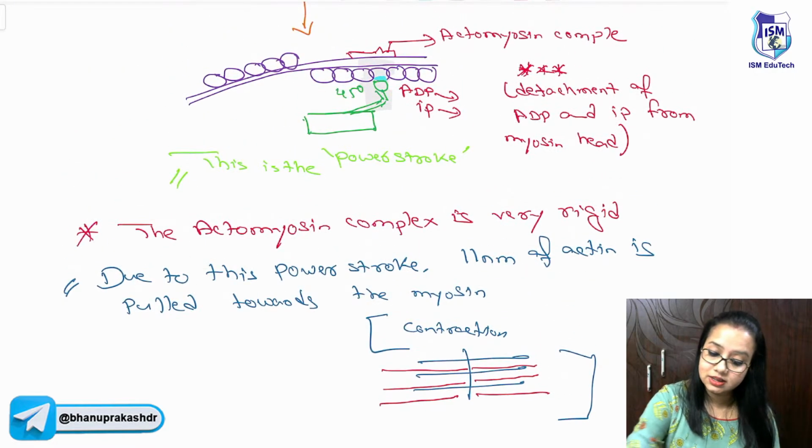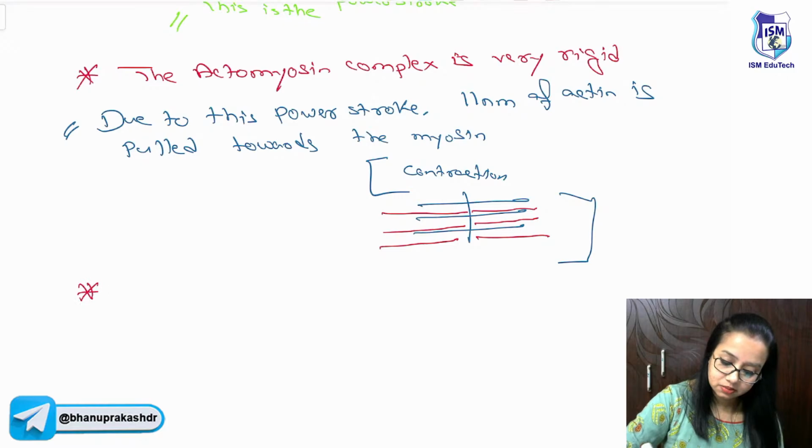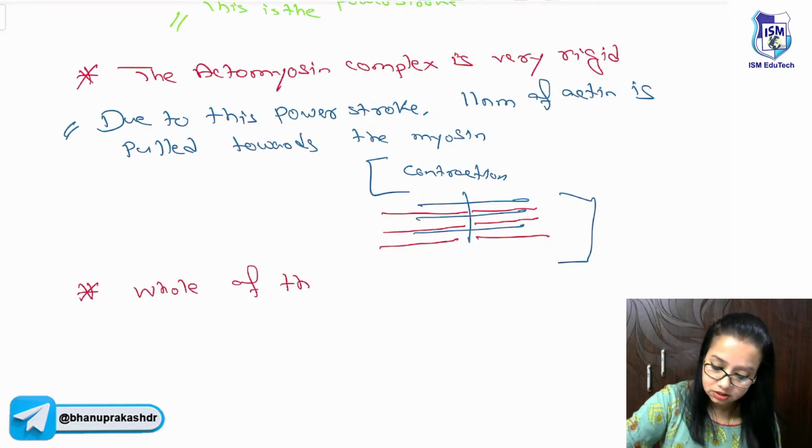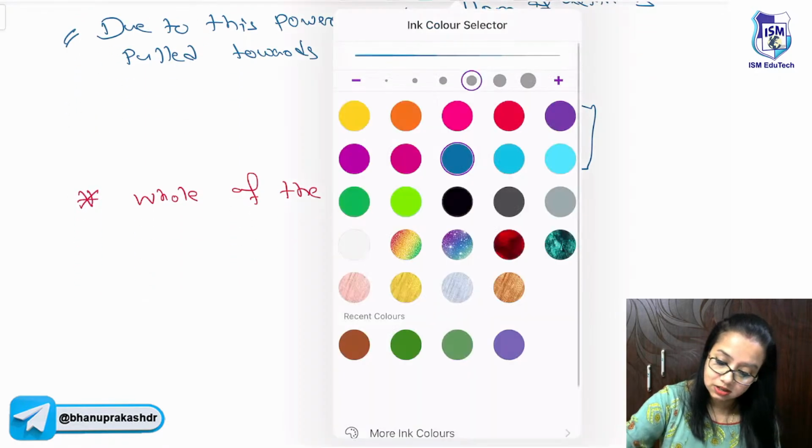And see here, it is an energy consuming process, right? So ATP is consumed. Another point to remember, the whole of the ATP is not used. So what happens to the remaining?